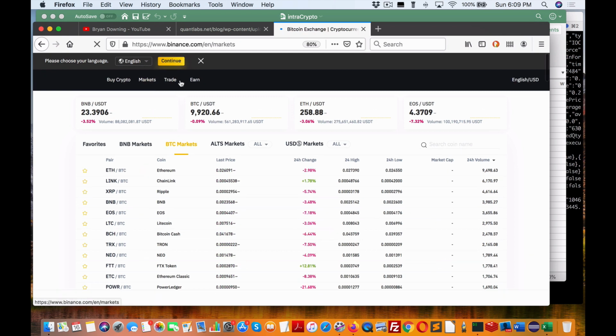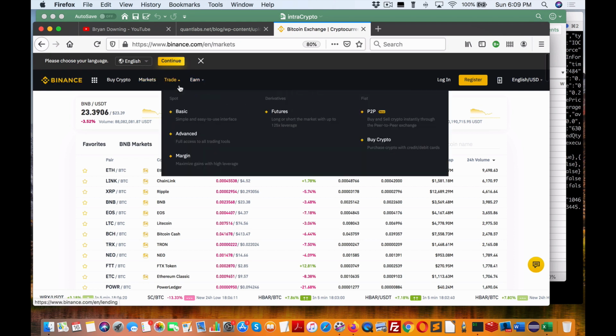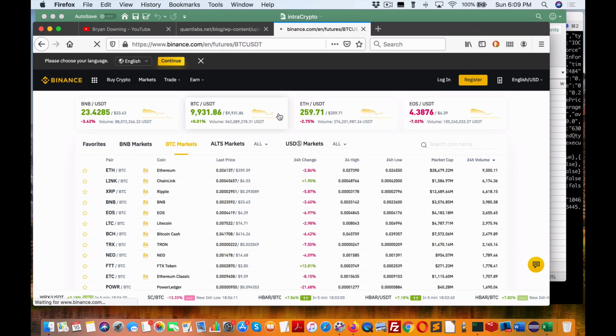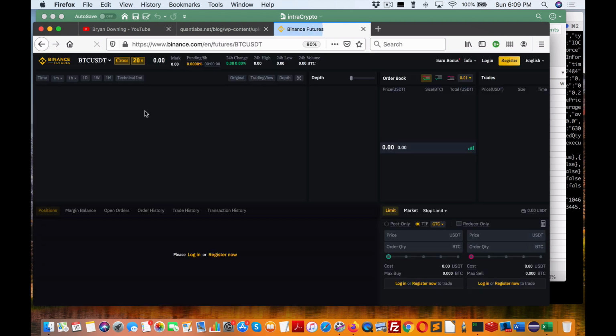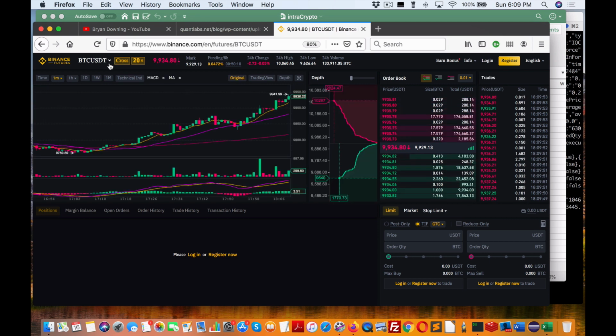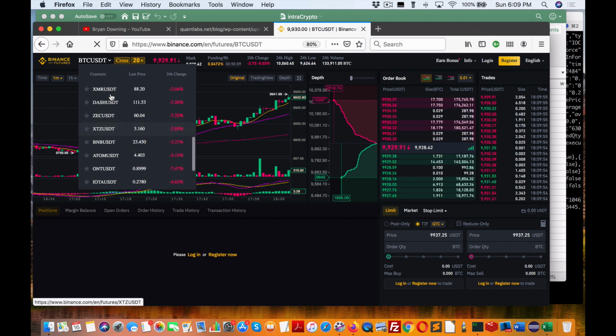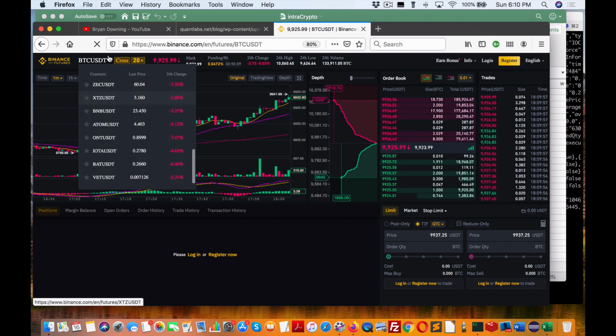So let me make sure I can find this properly. We're looking for this one right here for the derivatives futures market. And as I said before, we can always look at any of these pairs from that spreadsheet, and there are 19 here.